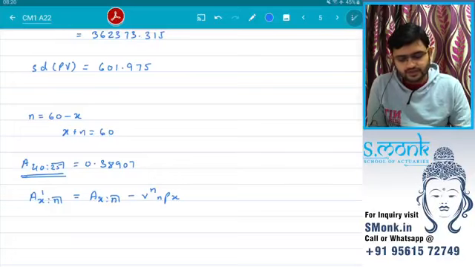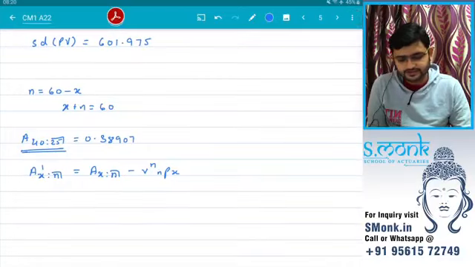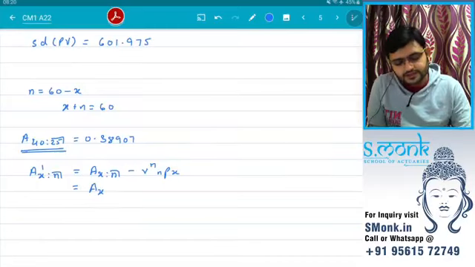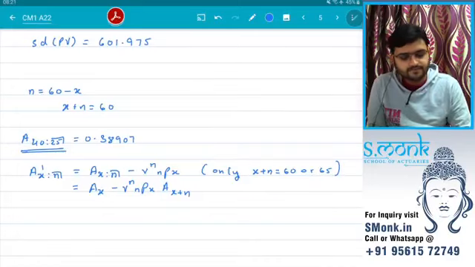So we have two methods of finding term assurance for certain cases, not for all cases. For other cases, we will be using whole life, that was A_x minus v^n _np_x A_{x+n}. The table method will be used only for x plus n equal to 60 or 65. The whole life method is for all cases.